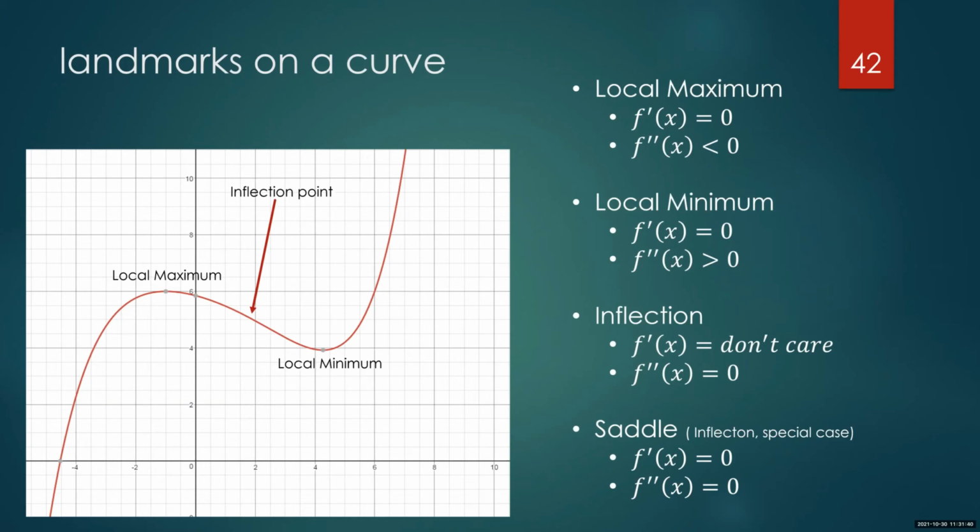At the saddle point, f double dash of x has to be 0, and f dash of x has to be 0 also. You need to remember these rules for local maximum, local minimum, inflection, and saddle, because you will see from some of the problems we're going to be looking at as we move forward.